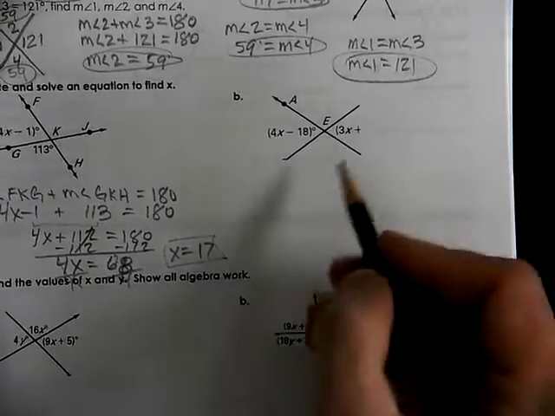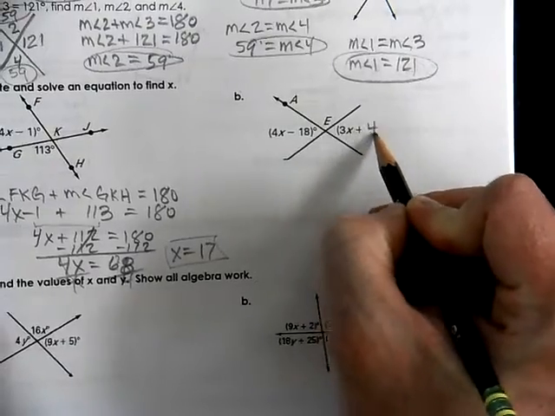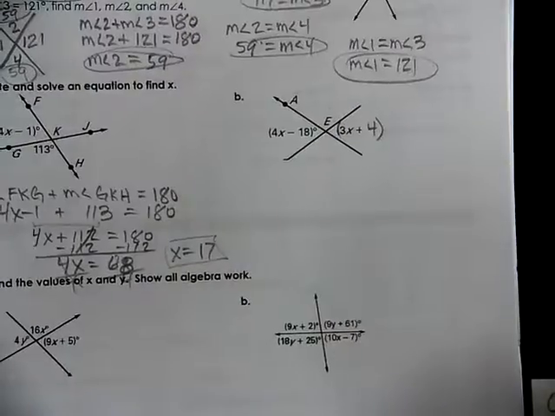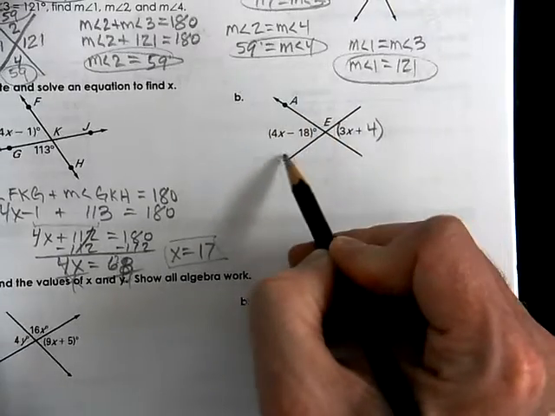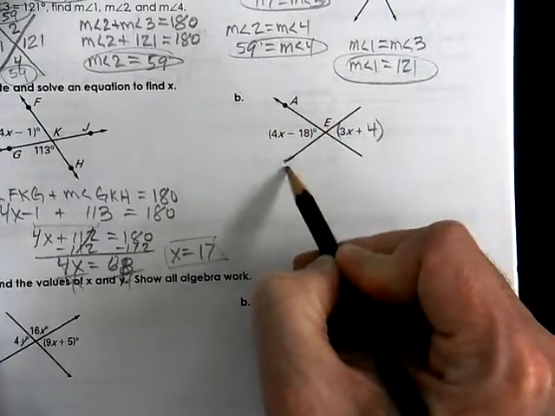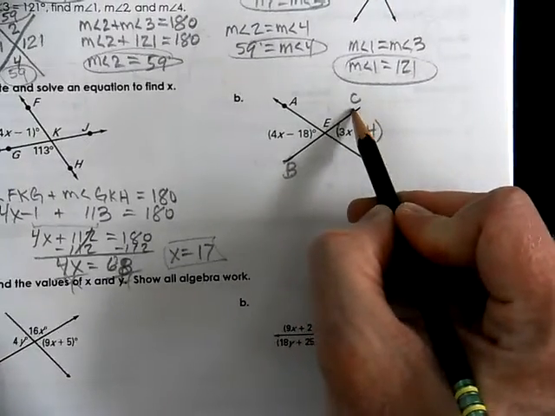So over here, this is going to be 3x plus 4. That's in parentheses. We can call this AB or AEB and CED.